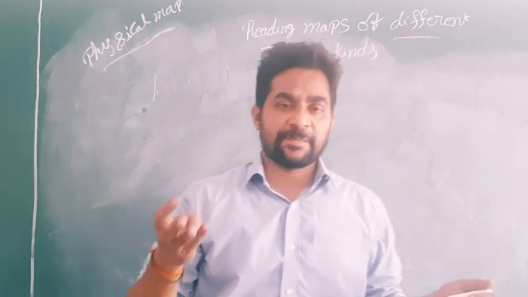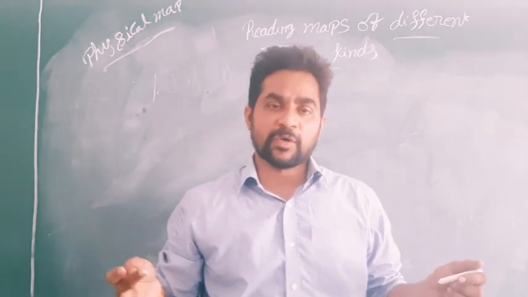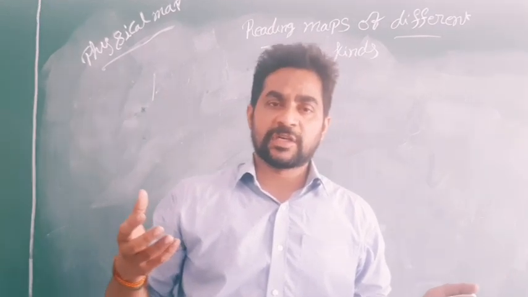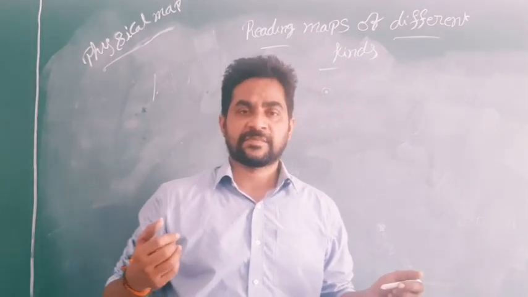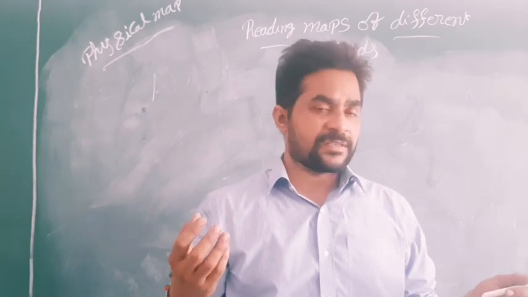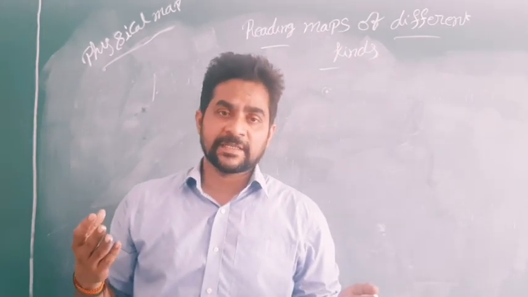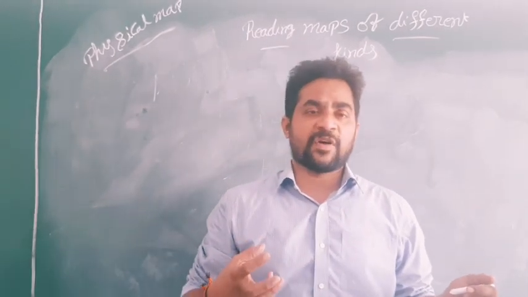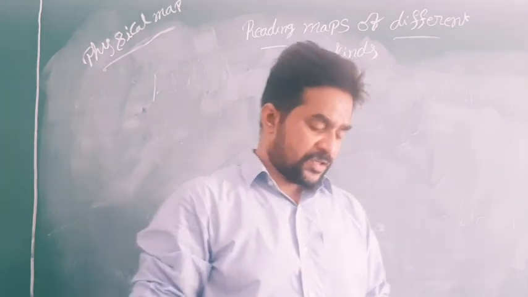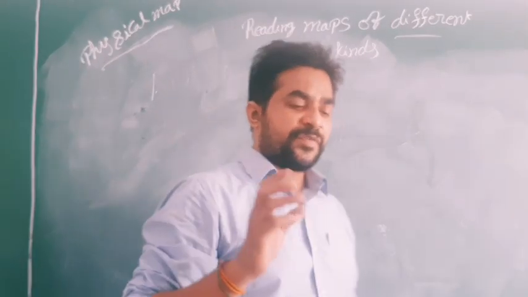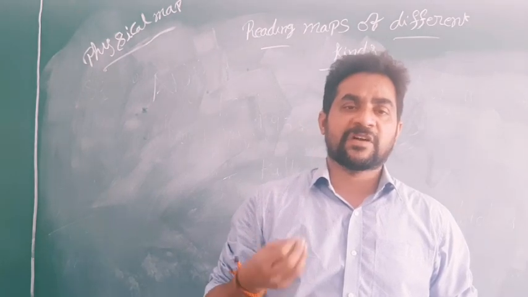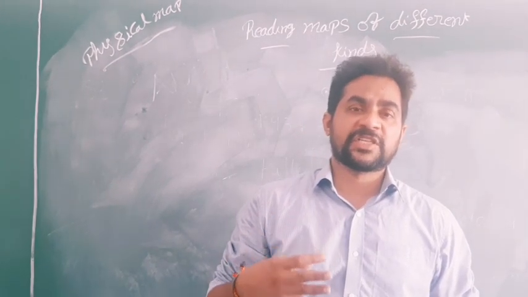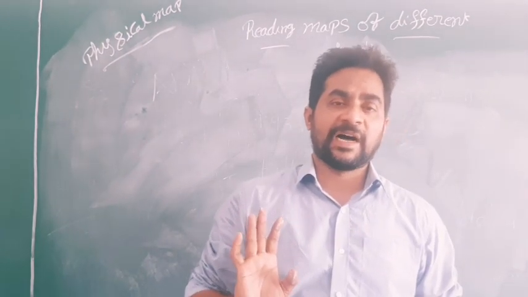Landforms means plains, plateaus, mountains, hills, and also rivers, lakes, and peaks. These are all the things we can find on a physical map. So physical maps are prepared for the purpose of showing physical features like landforms on the map.